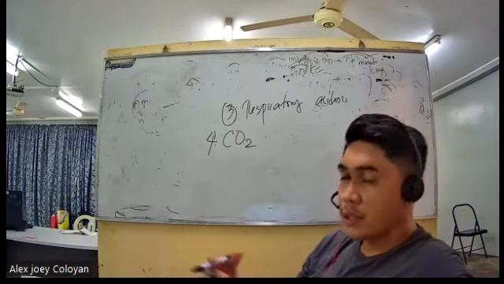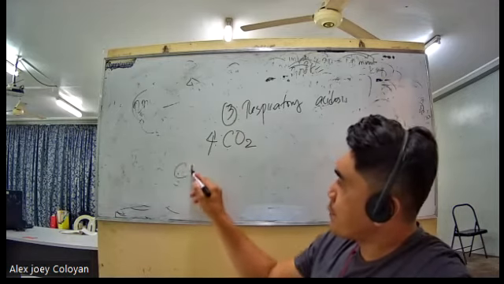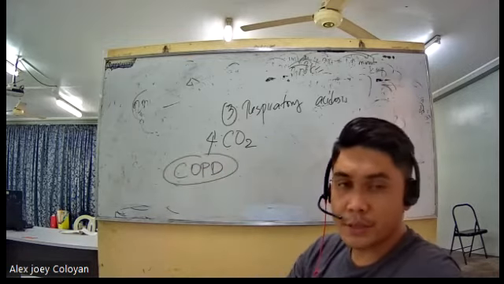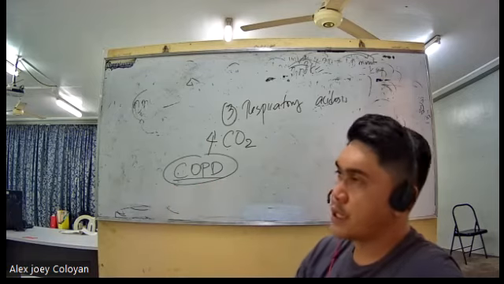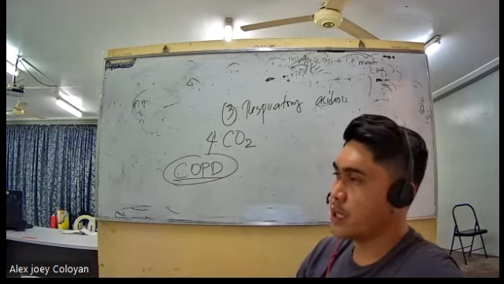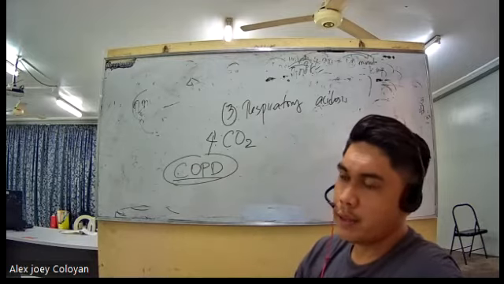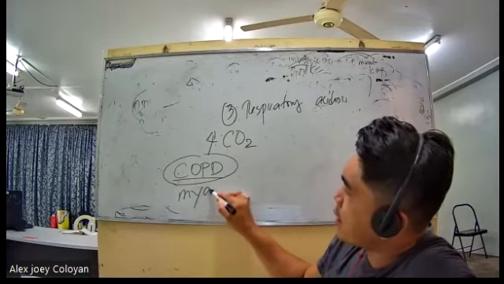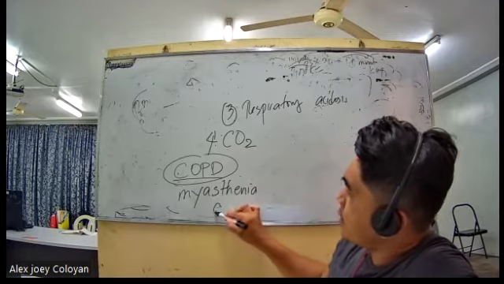Next, what are the conditions associated with respiratory acidosis? First is COPD, chronic obstructive pulmonary disease. Usually COPD is common in smokers. Another disease is myasthenia gravis.